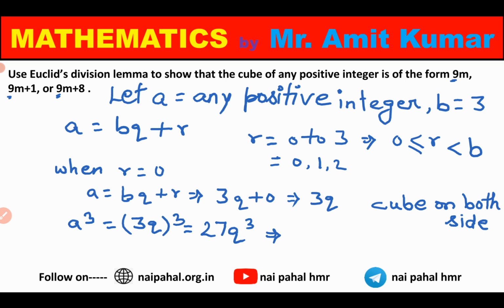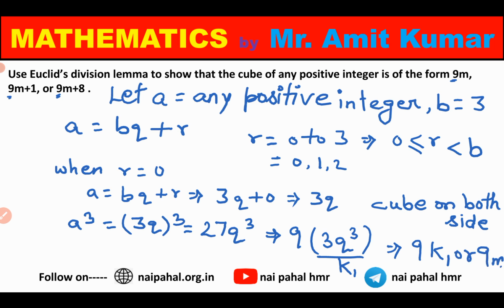If we take 9 as common, then we get 9 times (3q cube), where this is any of the integers taken as k1. So we can write it as 9k1 or 9m. I will tell you later that k1 or m are the same.